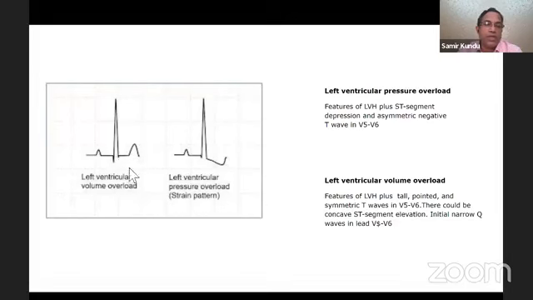In left ventricular pressure overload, there is J point depression, ST segment depression with downward slope and upward convexity, and an asymmetrical T wave. In volume overload, there is a symmetrical upright T wave.